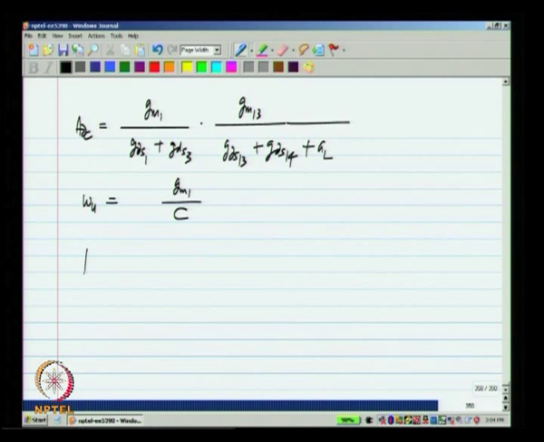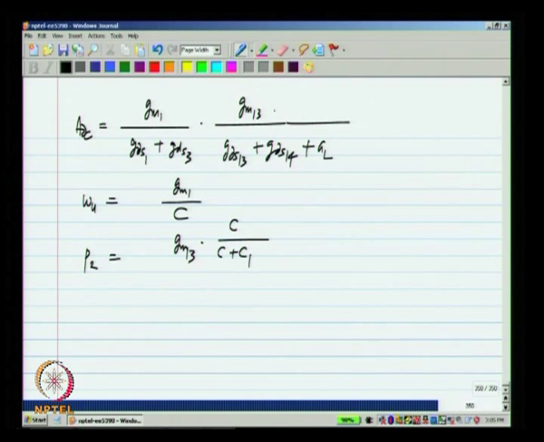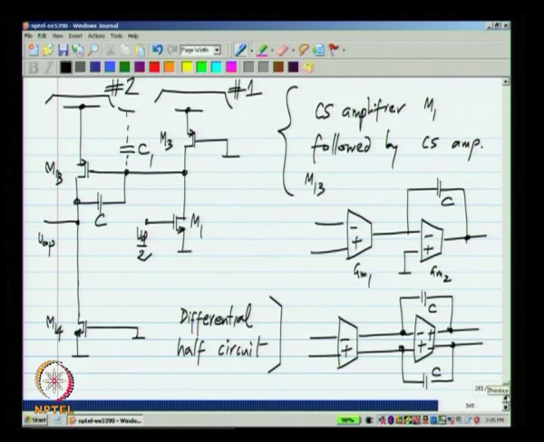The non-dominant pole will be at GM13 C by C plus C1, where C1 is the parasitic capacitance here, that is the conductance due to M13 being in feedback. Okay. I will neglect the other terms associated with that, and then you have C and C1 in series plus any load capacitance that is connected. Okay.